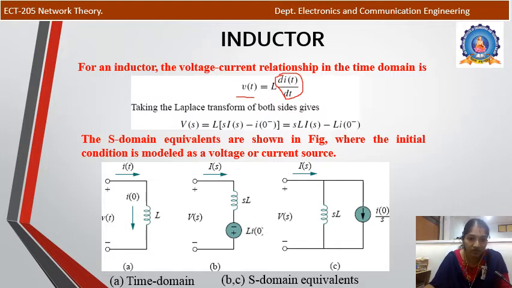So this first figure indicates the time domain equation. Here I of t is the time domain current and I of 0 is the initial current flowing through the inductor, and in the time domain the inductance value is L. When we take the Laplace domain, V of t becomes V of s and I of t becomes I of s, and from this equation we can draw the equivalent circuit for L in the S domain.